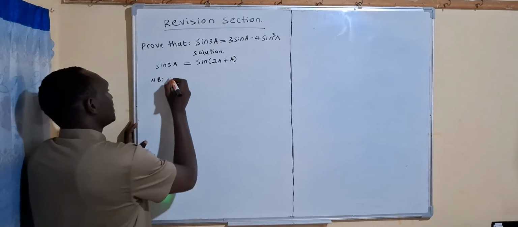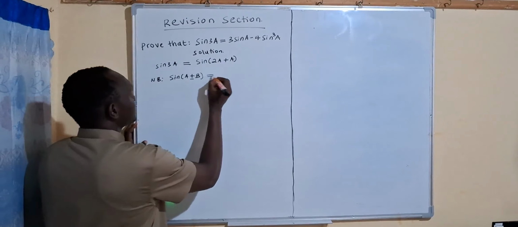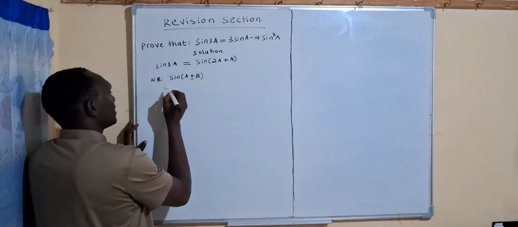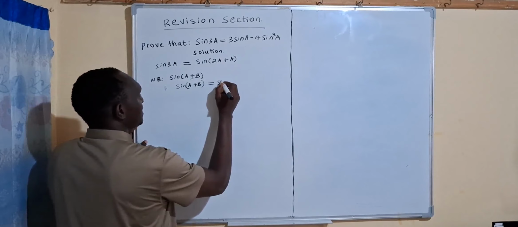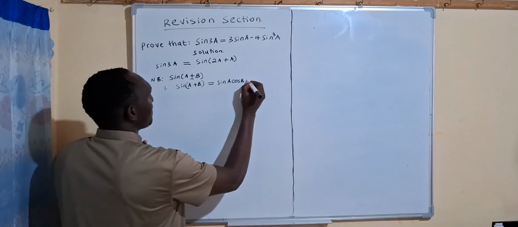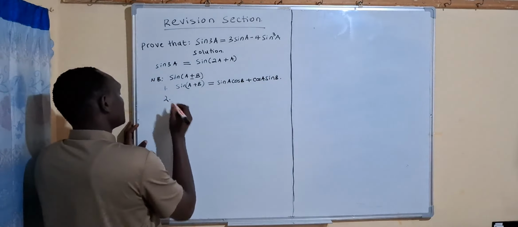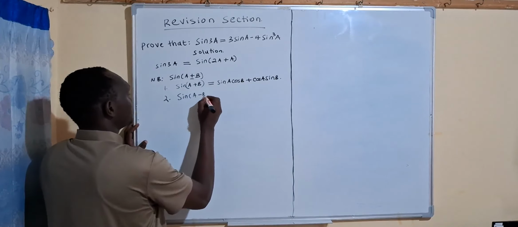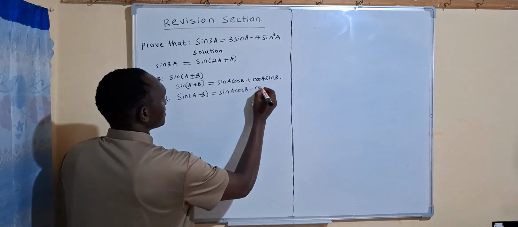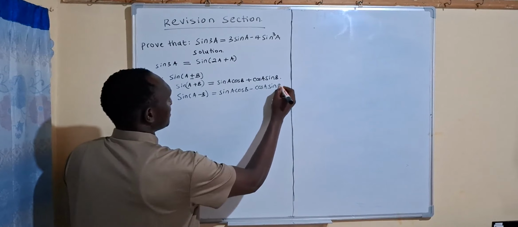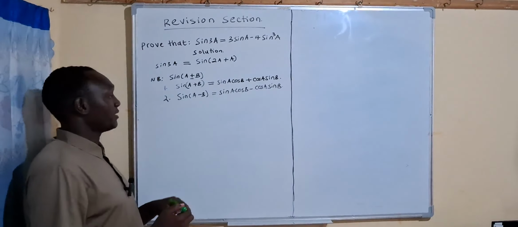Let me put it as NB, that if you have sine of two angles, A plus or minus B, for the first part, if it is a plus, sine of A plus B, this gives us sine A cos B plus cos A sine B. The second is for the minus part, sine of A minus B, which gives us sine A cos B minus cos A sine B. These are the two formulas that we know.